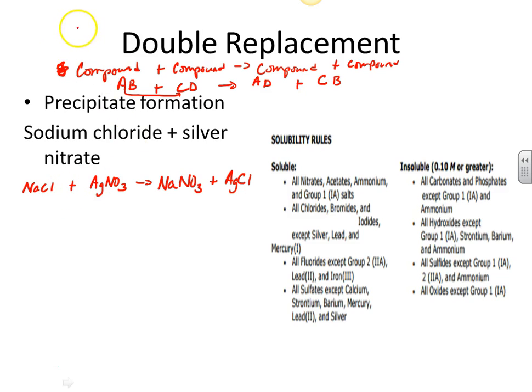Well, in double replacement reactions, we sometimes have a precipitate. That's a term we've used before in lab, where we have a solid forming in a solution. All of these, by the way, this is aqueous, this is aqueous. We could have a gas production. And another possibility is an acid-base neutralization.